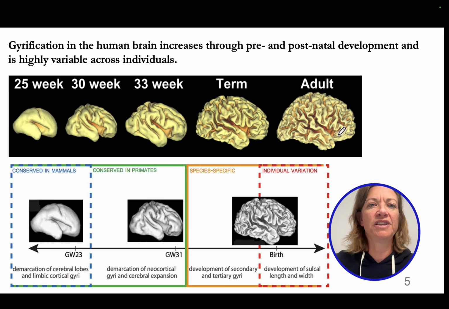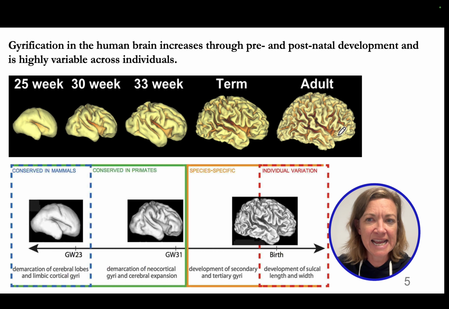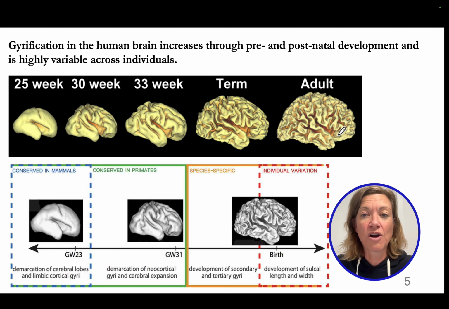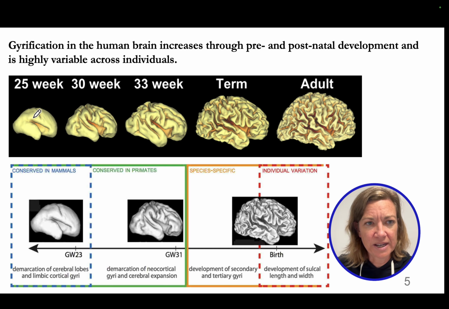Now, gyrification in the human brain increases through our pre- and postnatal development, and importantly, doesn't always produce the same finished product. So the actual width and depth and length of gyri and sulci are variable across individuals. Here you can see at 25 weeks of fetal development, there's a lateral sulcus and a central sulcus. So those are present and persist.